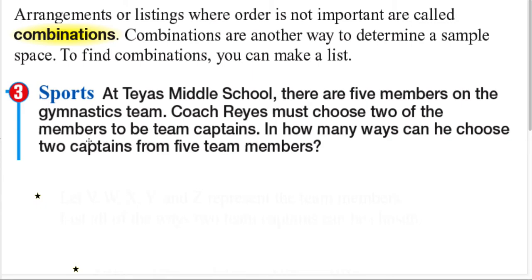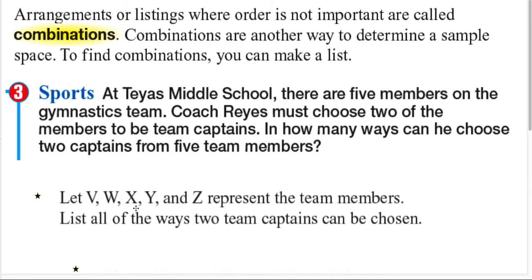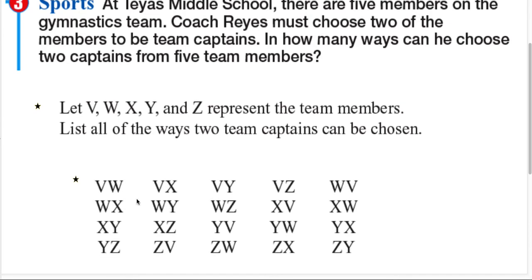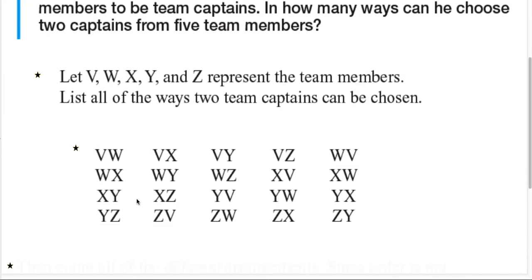Let V, W, X, Y, and Z represent the 5 team members. List all the ways 2 team captains can be chosen: VW, VX, VY, VZ, WV, WX, and all the way to ZY.